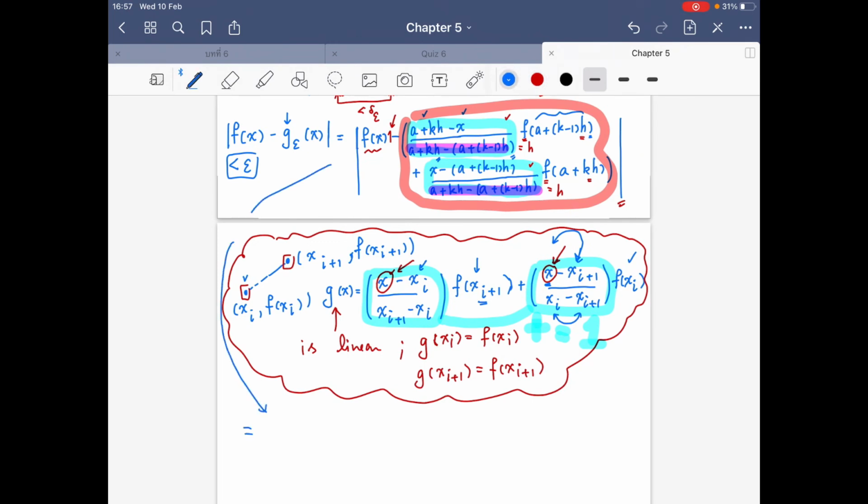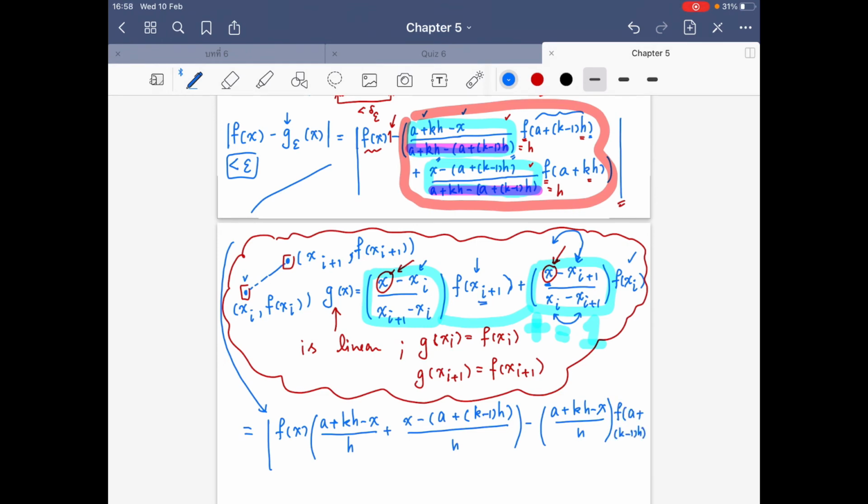so this one, let me just write down here, connecting the dots here. So your f, I'll just insert this (a plus kh minus x) over h and (x minus (a plus (k minus 1)h)) over h, okay, and then subtract the same thing here, your (a plus kh) over h and f at a plus (k minus 1)h, okay.